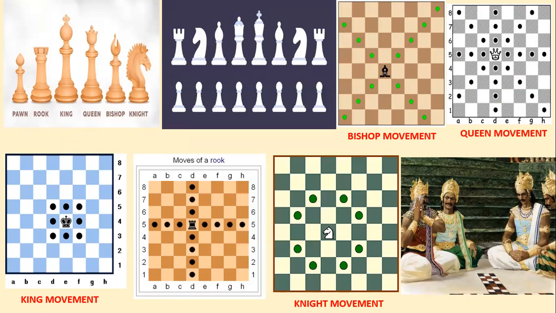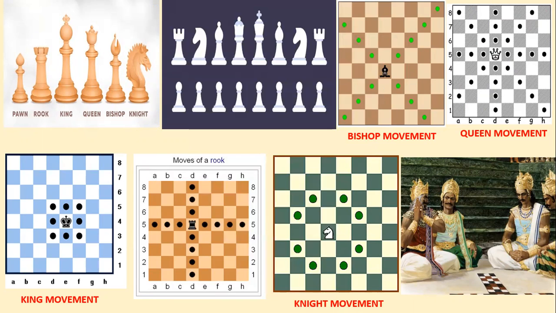And the king, he has nominal power. He is not as powerful as the queen. He moves only one step, but he too can move in any direction. Then the movement of the rook. Rook is the elephant.